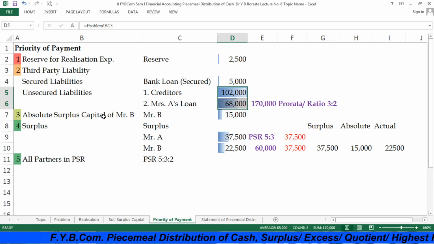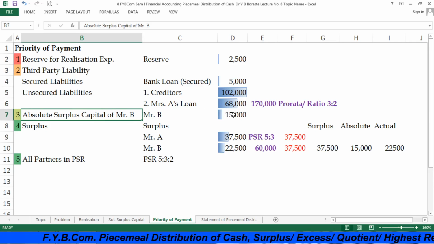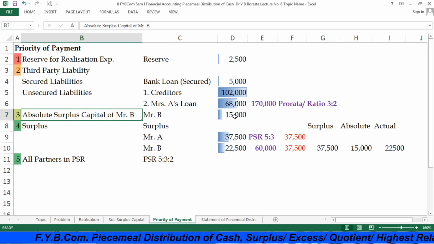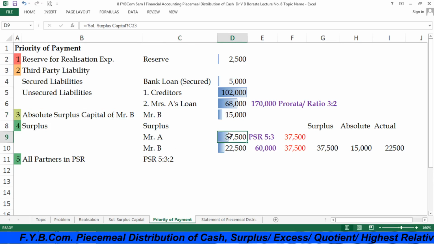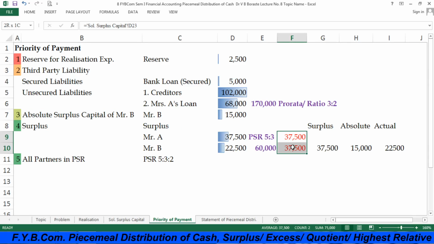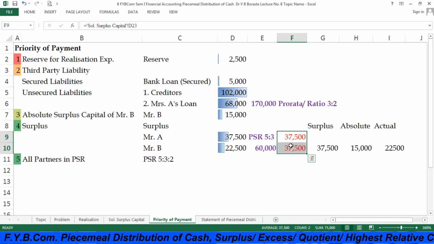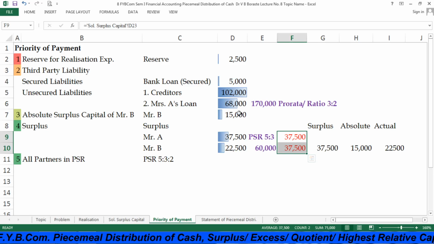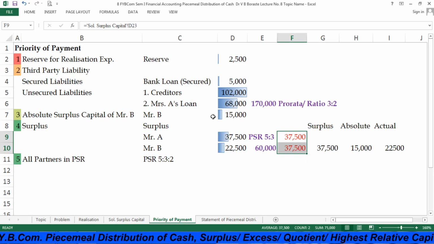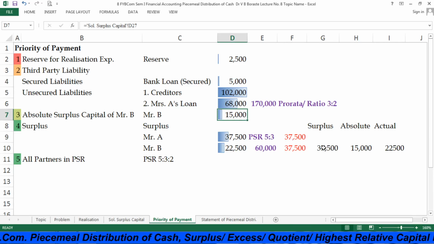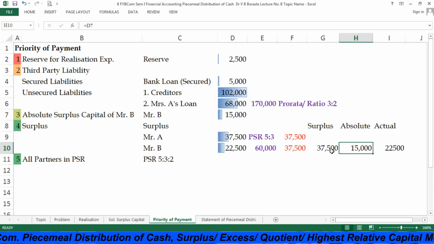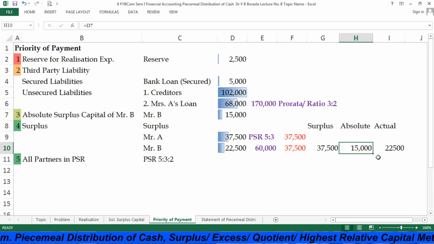So we have to pay all this liability. After payment of this liability, we can pay surplus of Mr. B, and after payment of surplus of B, we can pay surplus of A and B, that is 37,500 and 37,500 of B. So here the amount is the same, but already in the earlier stage 15,000 has been paid to Mr. B as absolute surplus. So we have to deduct that amount, and after the deduction we get 22,500.